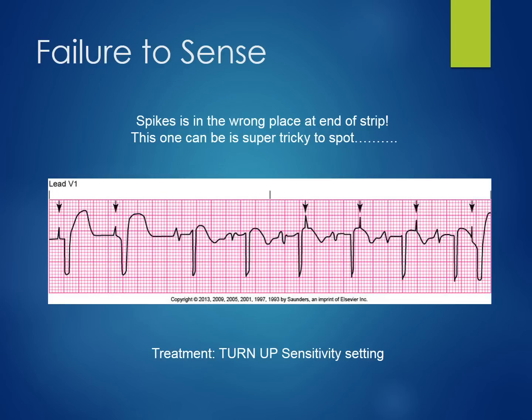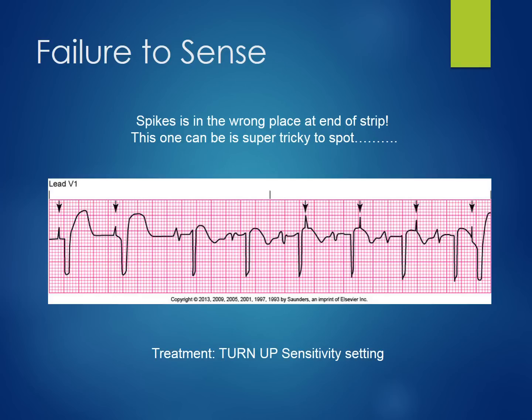So failure to sense, as you might imagine, is a little more difficult to catch. But as I look at this, I see these little pacer spikes, and then I see a QRS, and then I start to see these random spikes later on top of the T wave. And so the pacemaker is not being sensitive enough to the patient's underlying rhythm.